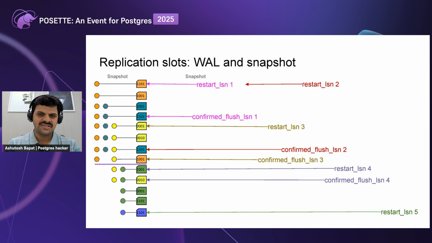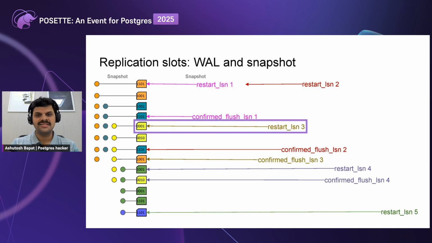The orange transaction has committed now, and we send the commit record for the orange transaction to downstream. Downstream acknowledges it. Now we know that at this point, orange has been committed, blue has been committed, and it's only the yellow transaction which is active. And so we can move the restart LSN to the start of the yellow transaction.